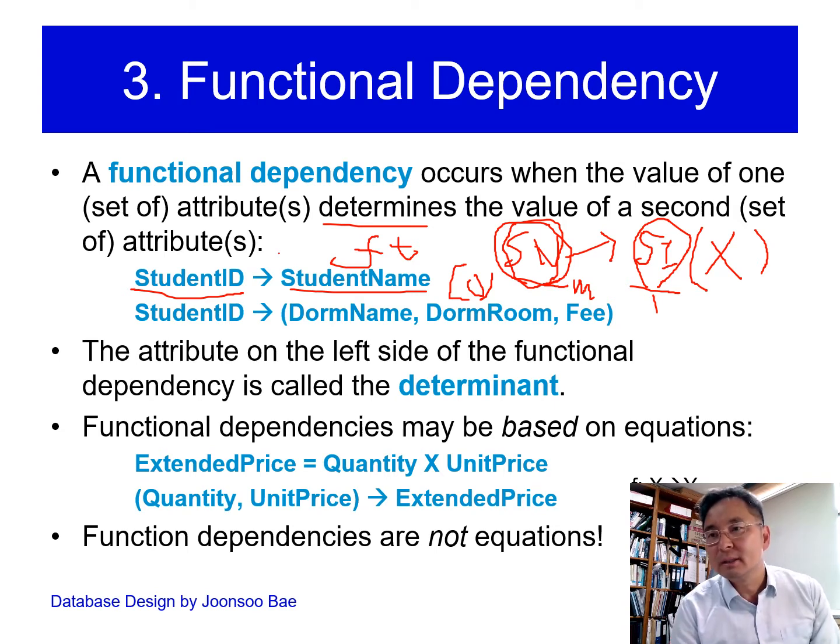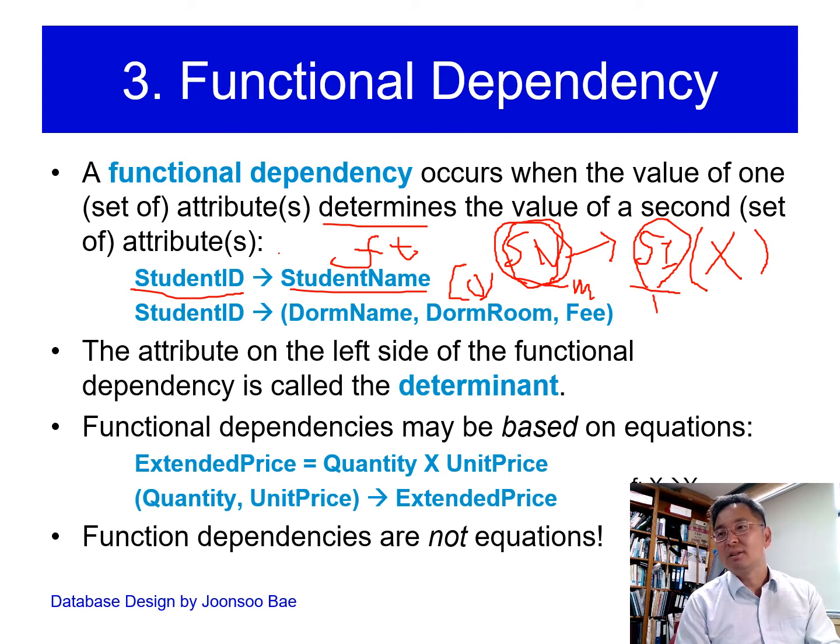How about this one? Student ID will determine dormitory name, the dormitory room, and the fee. Is it true? You must decide one by one. Student ID will determine dormitory name. If you know the student ID, then you surely know where this student lives in the dormitory, so it is a function.